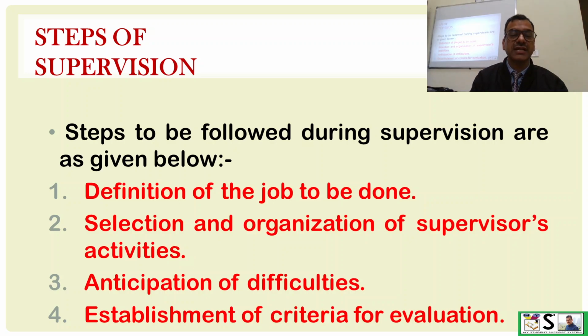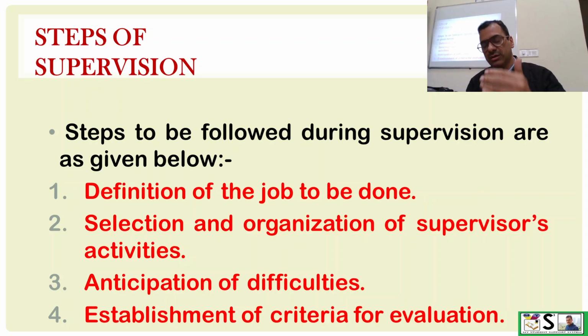Then selection and organization of supervisor's activity. Okay, this is done by the higher authority, means the manager. He or she will first clearly explain what the supervisor's responsibility will be. Okay, that will be told to the supervisor. Now anticipation of difficulties.